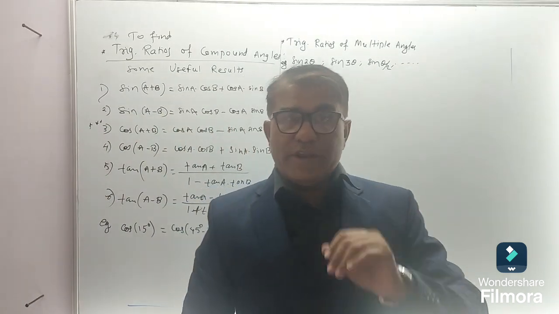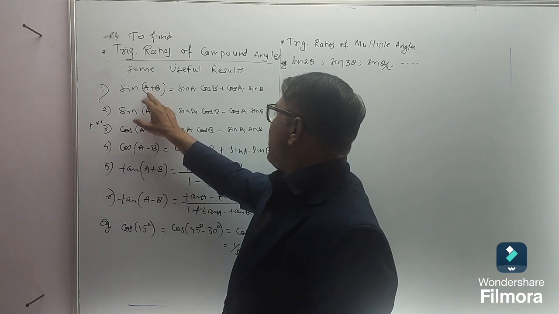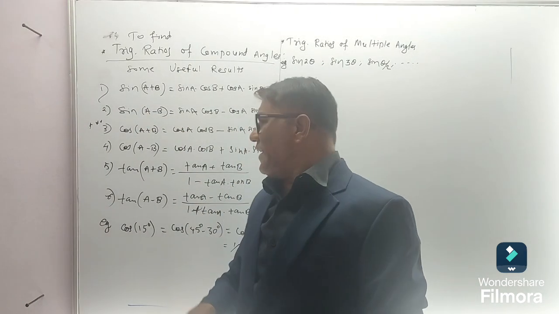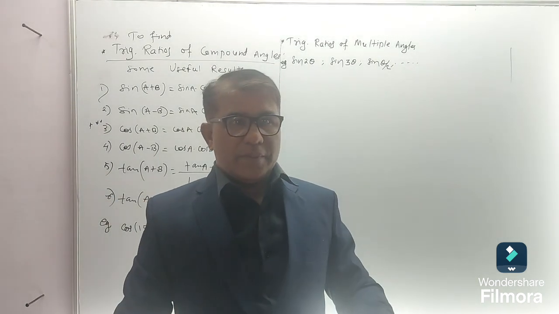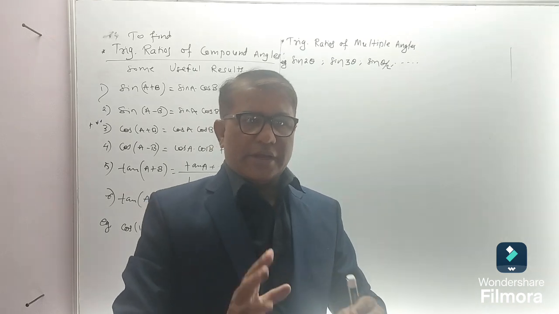Okay, to find this, if I substitute A equal to B, then what am I getting here? I'm not going to derive all the formulas. Just discussing with you. Please listen and rewrite.